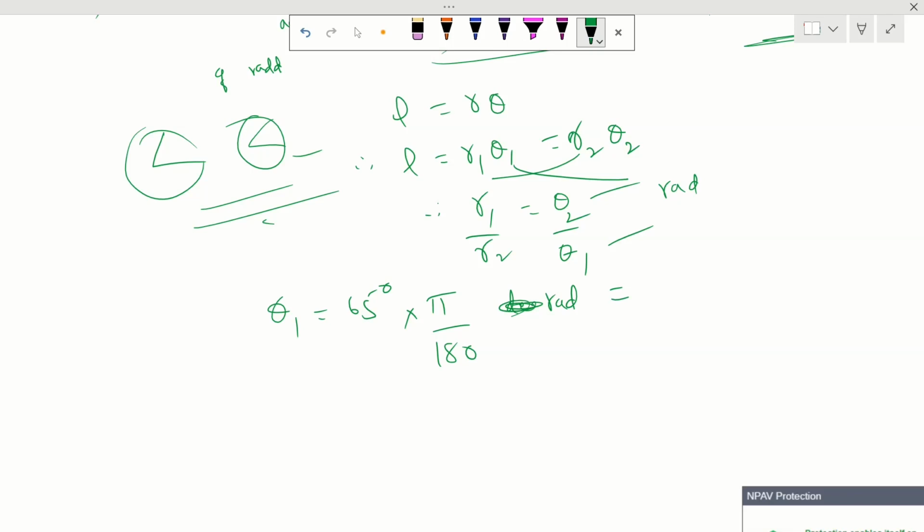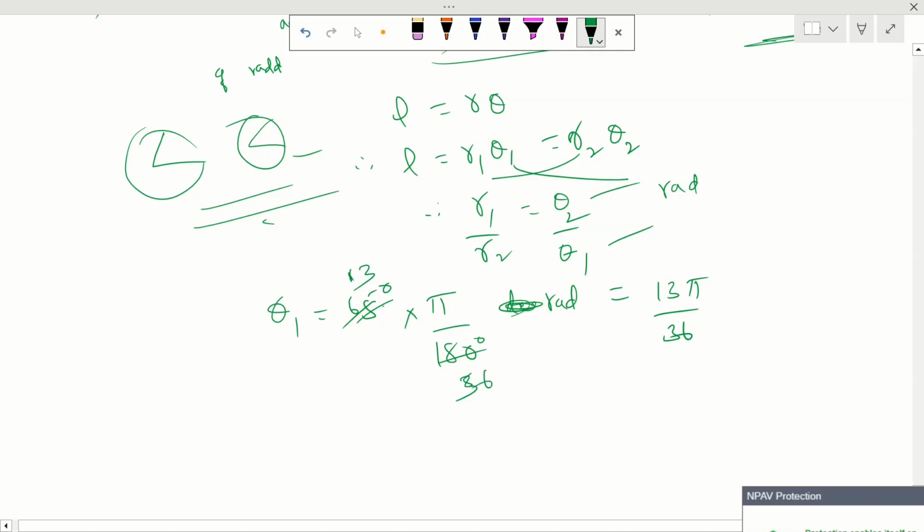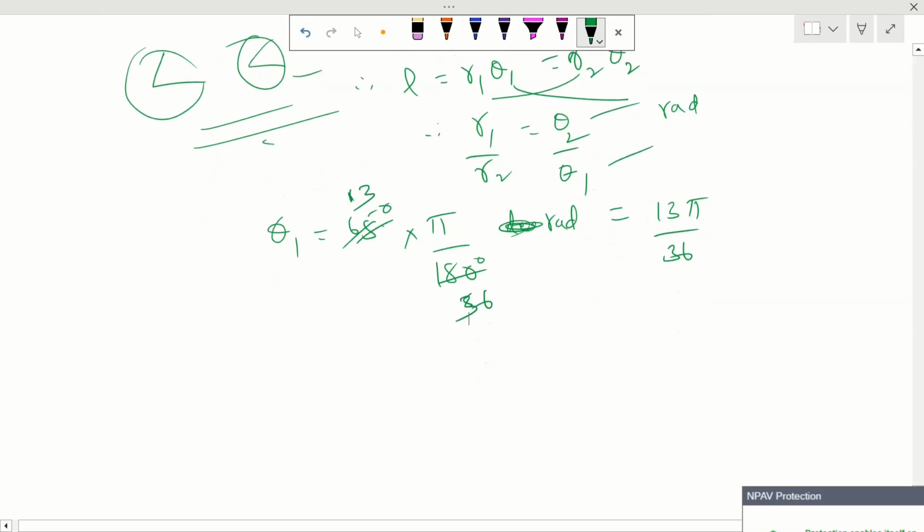If we simplify this, we have 13 pi divided by 36. You just divide by 5. 5 ones are 5, 5 threes are 15, 5 sevens are 36. So we have 13 pi divided by 36.